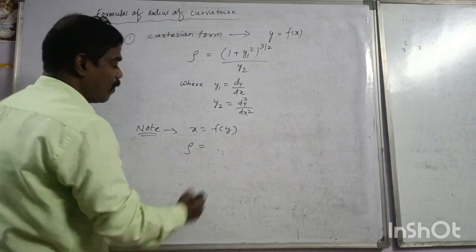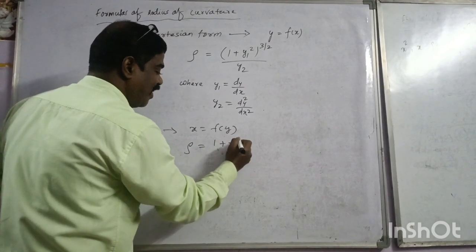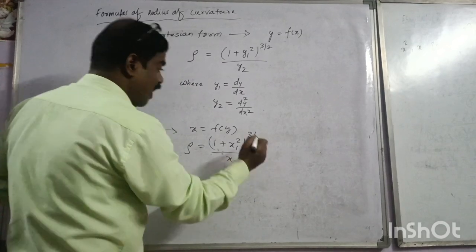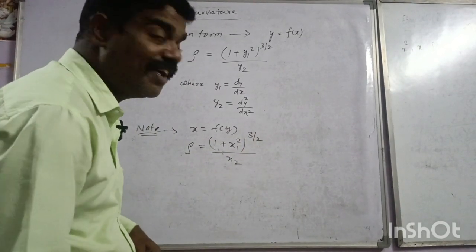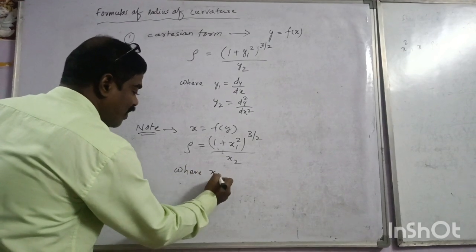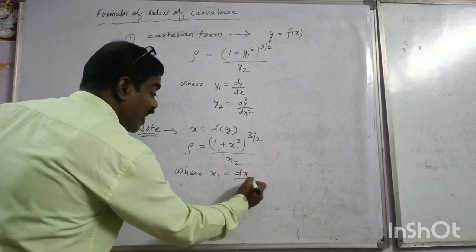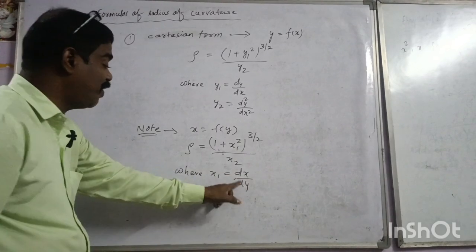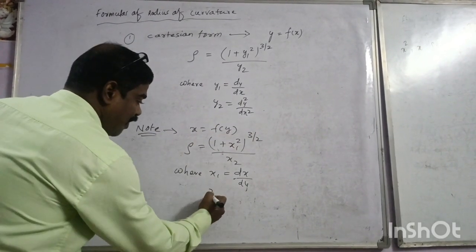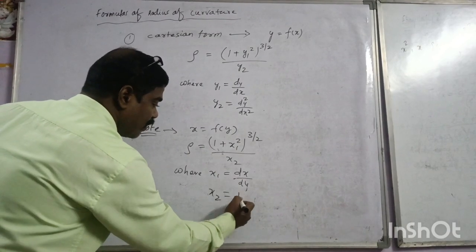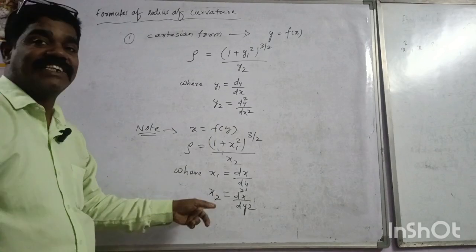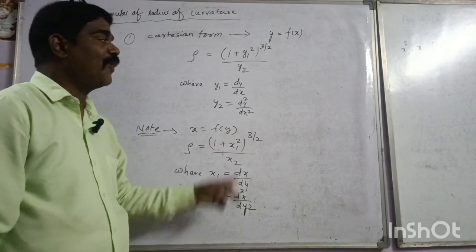Rho is equal to x1 whole to the power 3 by 2 divided by x2, where x1 is equal to dx by dy, because y is the independent variable, and x2 is equal to d square x by dy square. Have you understood? Okay, write down.